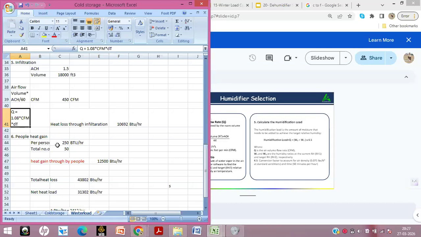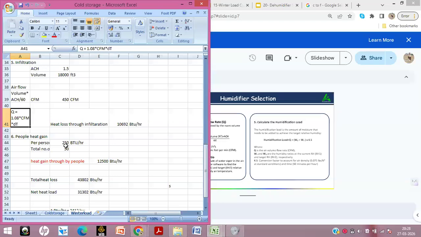I suppose that one hall office area has 6 persons. Per person, the heat gain will be 250. For 6 persons it will not be the same. So per person, as per the standard, 250 BTU per hour of heat is emitted.